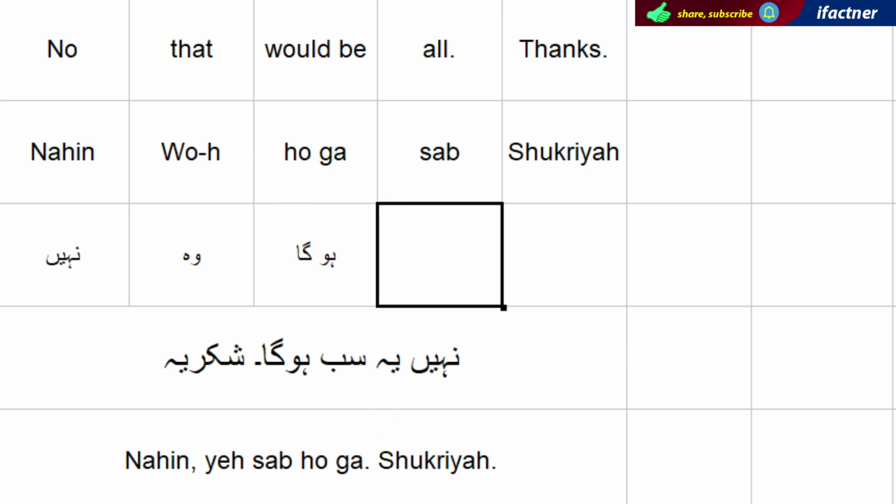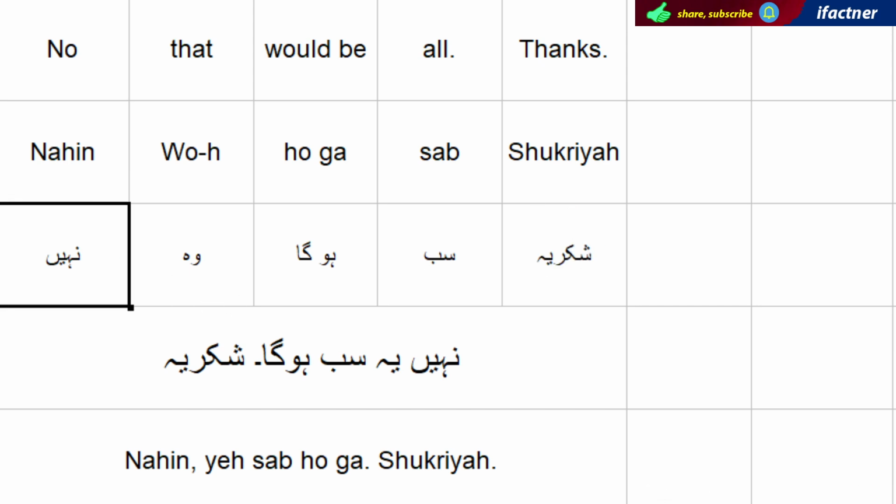Sab is seen, be, sab. Shukriya is sheen, kaf, re, ye, he. Shukriya. So it becomes nahi wo hoga sab shukriya. But when we translate "no, that would be all, thanks" in Urdu, then we say nahi, ye sab hoga shukriya.